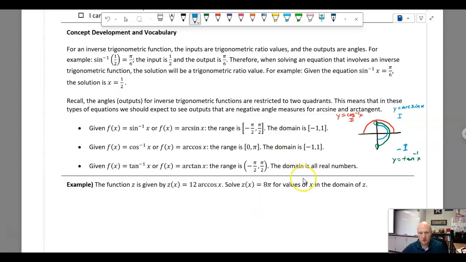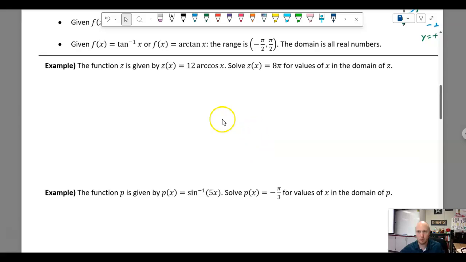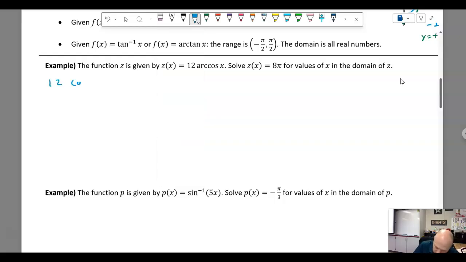Okay, so let's go ahead and jump into some examples. Example 1. The function z is given by z of x equals 12 arc cosine of x. Solve z of x equals 8 pi for values of x in the domain of z. So right away I'm just going to copy down my function. We have 12 arc cosine, which is cosine inverse of x, and we're setting this equal to 8 pi.